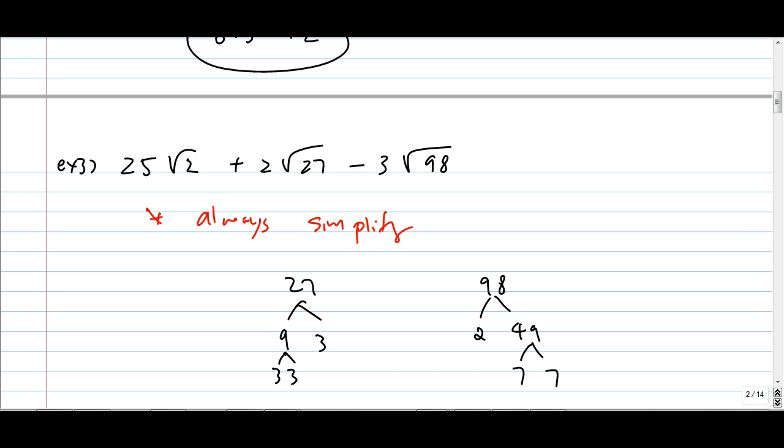Okay, who could tell me how to simplify these radicals before we do anything? The first term is the same, 25 rad 2, plus. How do I rewrite 2 rad 27? First of all, what is square root of 27?